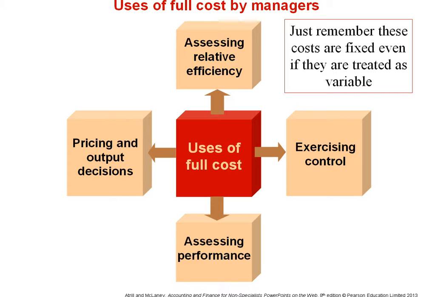Okay, so these are the uses we mentioned earlier: pricing and output decisions, exercising control. We've not really said much about that, but clearly if we can relate our fixed costs to output, then we've got some idea as to what we can afford by way of fixed costs.